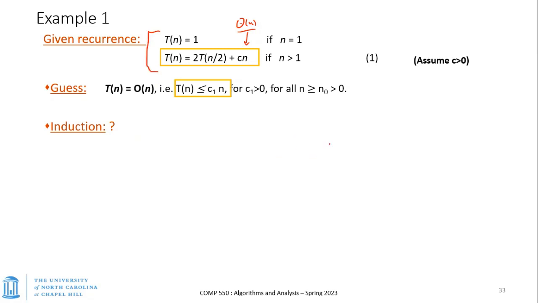Let's assume I'm giving you a recurrence equation of the following form: T(n) when n is equal to 1 is 1, and when n is greater than 1 is 2 times T(n/2) plus Cn. We're going to assume that C is non-zero and not negative, as in the past example.